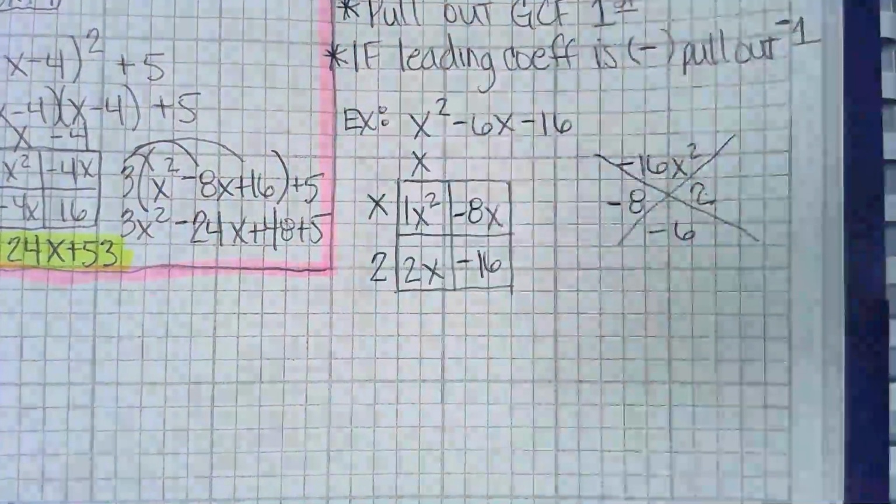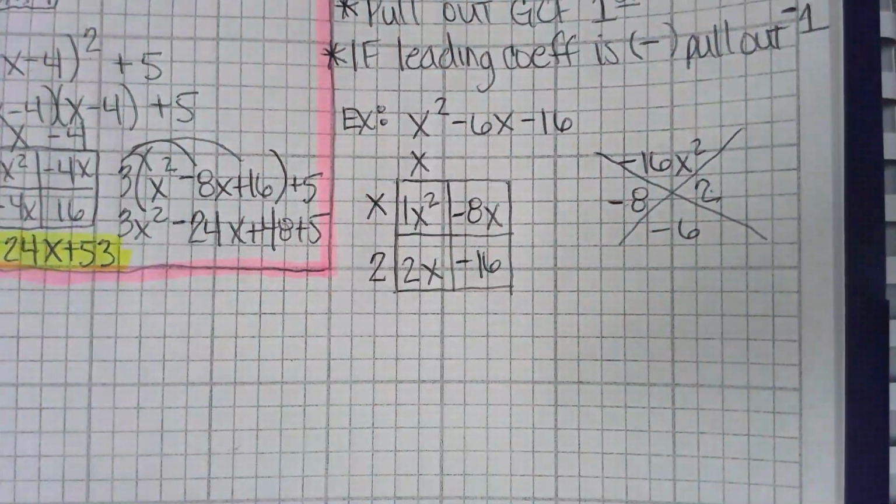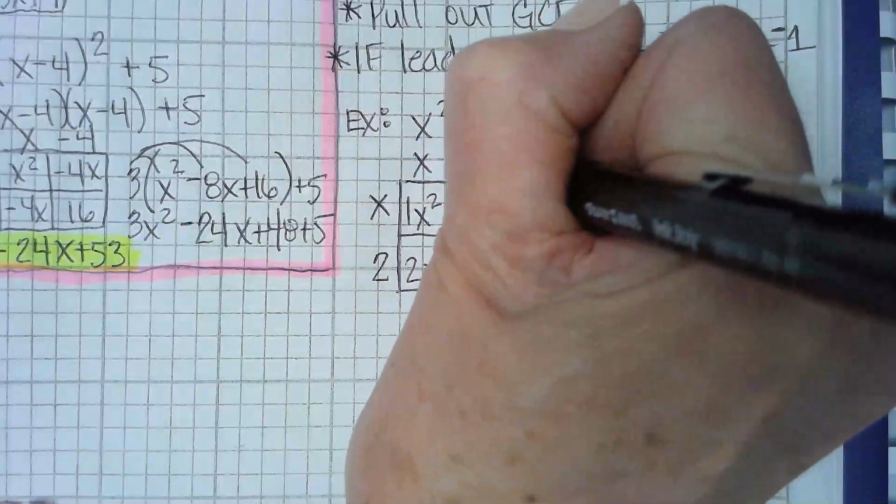I'm just going to pull out the x. Okay, here, what's my greatest common factor? 2. There's a big one. 8. It's 8. Do you see how there's a negative in both, y'all? When the negative is in both, I'm going to pull it out. So I'm pulling out a negative 8 here.